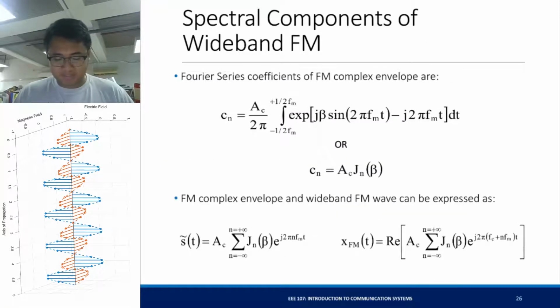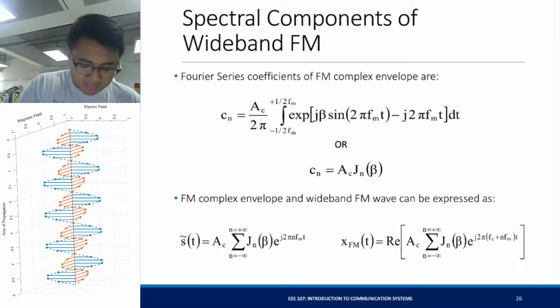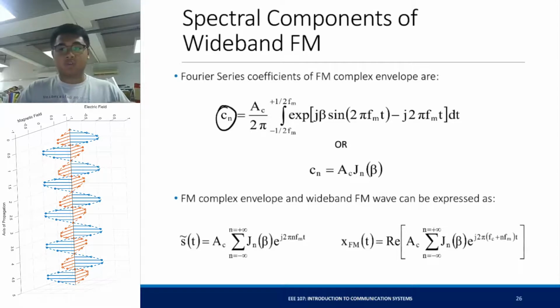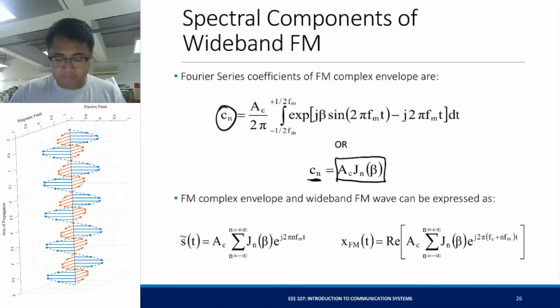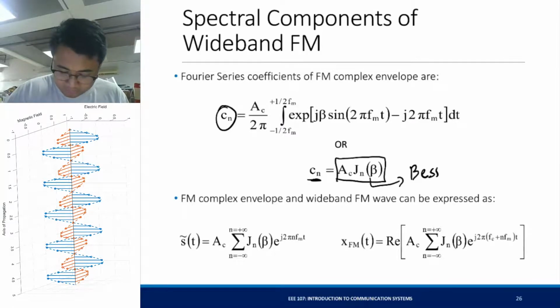So if this is the Fourier series coefficient, then if we try to integrate that using this form, then we can just define C sub n here to be equal to Ac times Jn of beta, where Jn of beta is a Bessel function of the first kind.